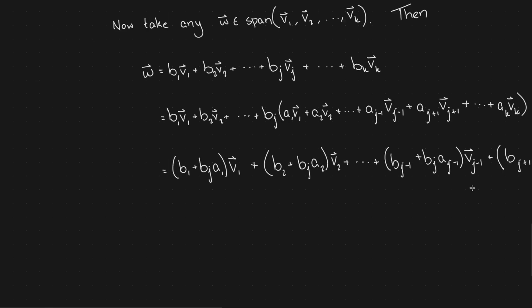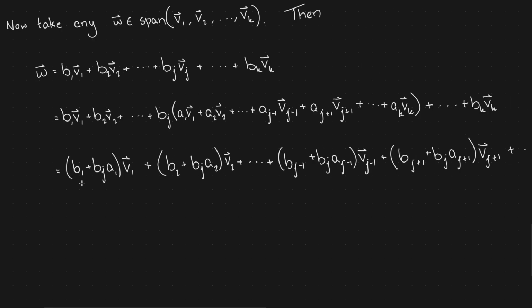Now notice what I have. b1 plus bj a1, that's just a scalar constant. So I have a scalar times a vector plus a scalar times a vector plus a scalar times a vector, and so on. This is a linear combination, but it's a linear combination of the vectors that do not include vector vj.